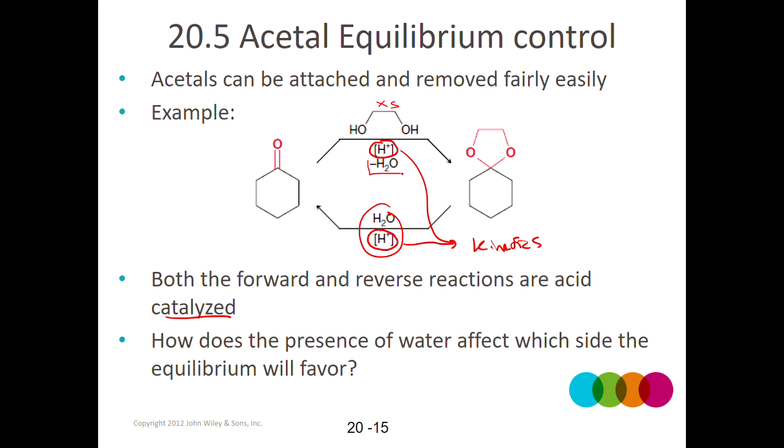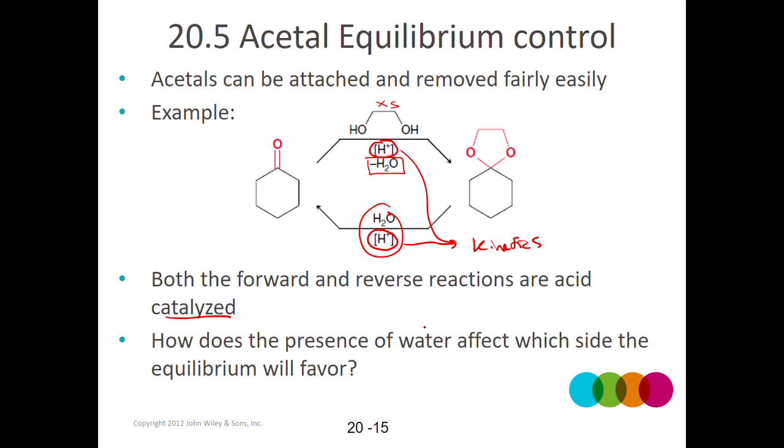Another possible strategy would be to remove the water as it forms. There'd be some way to remove that, maybe add a drying agent to absorb the moisture. Well, that might absorb the other reactant, so there'd be some experimentation necessary to figure out exactly how to do that. But theoretically, if you remove a product as it forms, it'll help shift the reaction toward the product side.